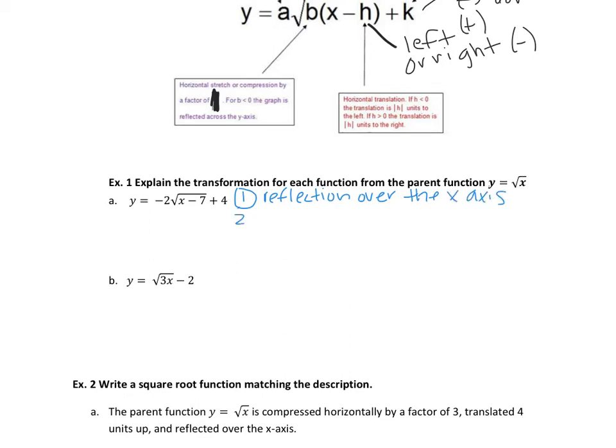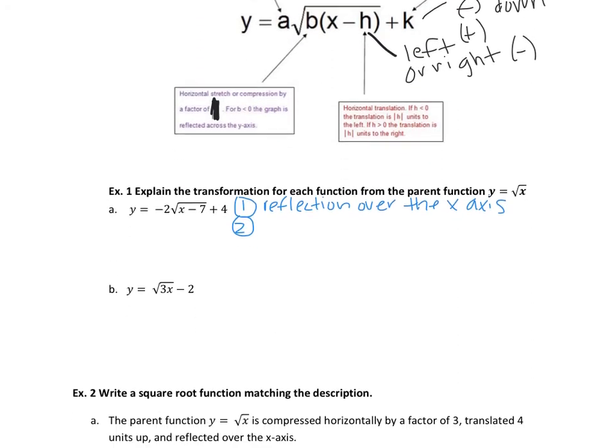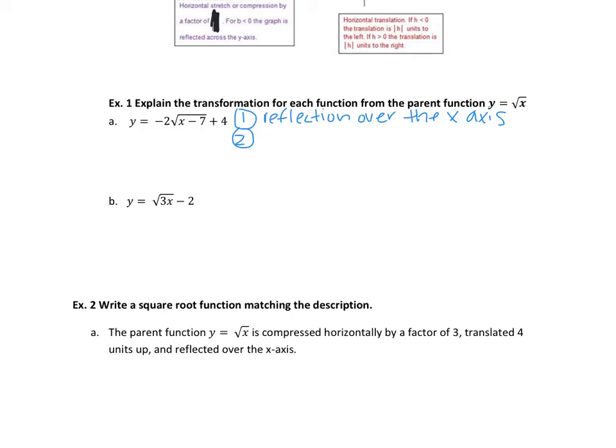The second thing, if you'll go back and remember, the A value is a vertical stretch. So I'm going to write that I have a vertical stretch by a factor of 2. Not negative 2, because the negative was taken care of by reflecting it over the x-axis. The third thing is that minus 7 underneath the square root.